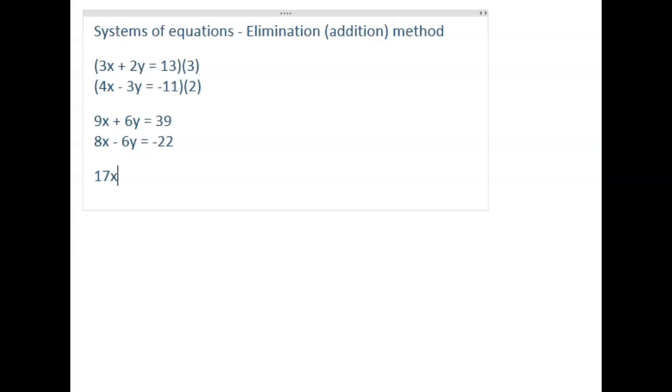They're gone. The y terms added up to 0. Equals 39 minus 22 is 17. Now we have one equation, one variable, only x, and we can solve that pretty fast, actually, from here. We divide by 17 and get x equals 1.